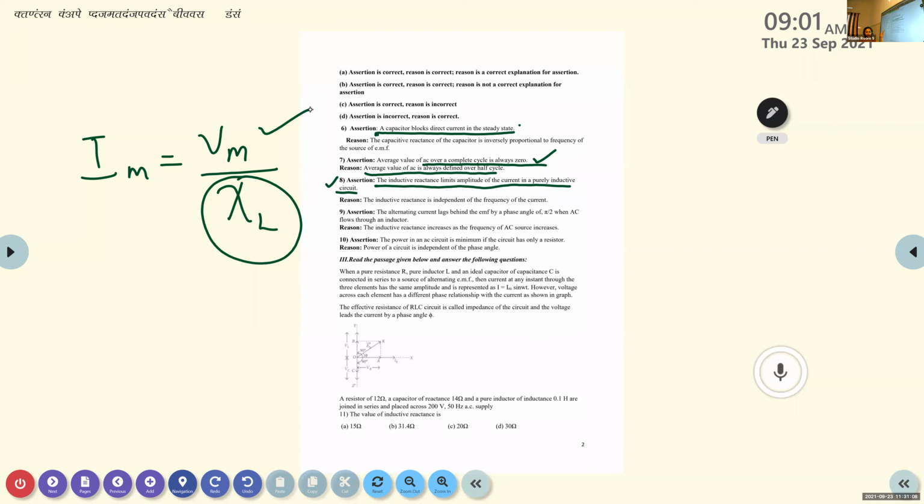If the inductive reactance is greater, what will be the maximum value of current? Maximum value of current decreases, right? So here the assertion is right. The inductive reactance limits the amplitude of current in a purely inductive circuit. Here the assertion is right.